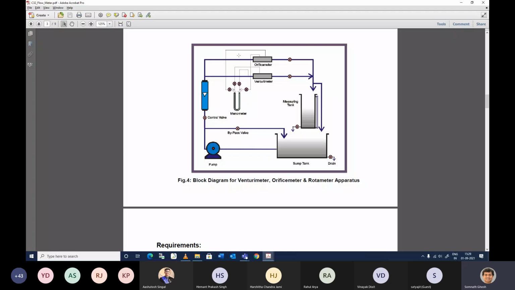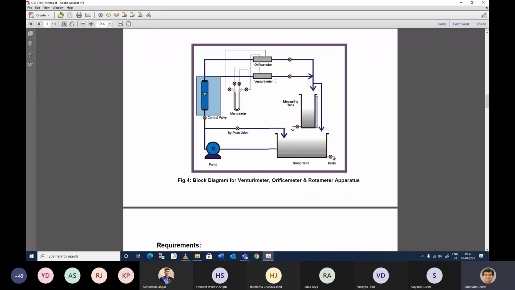Let me briefly tell you about the overall experiment, which you can watch in the video. All these flow measuring instruments are connected in a pipe circuit or pipe network. There is only one reservoir. From that reservoir, you pump the fluid or water through this entire circuit, and there you will have a rotameter.